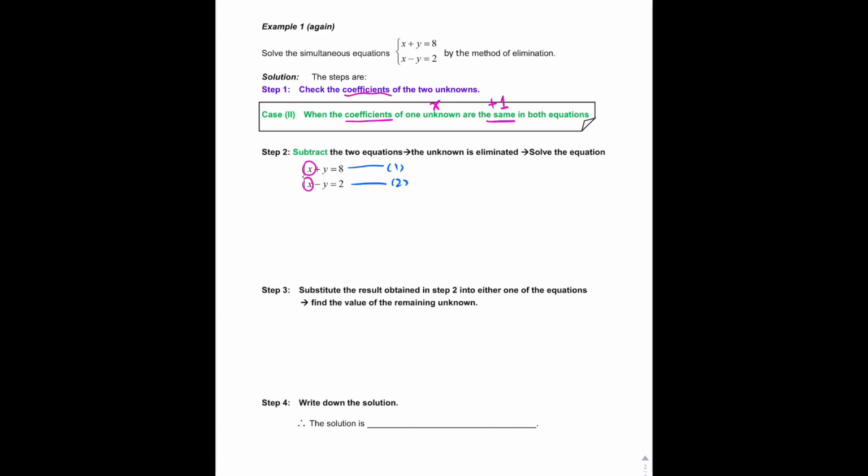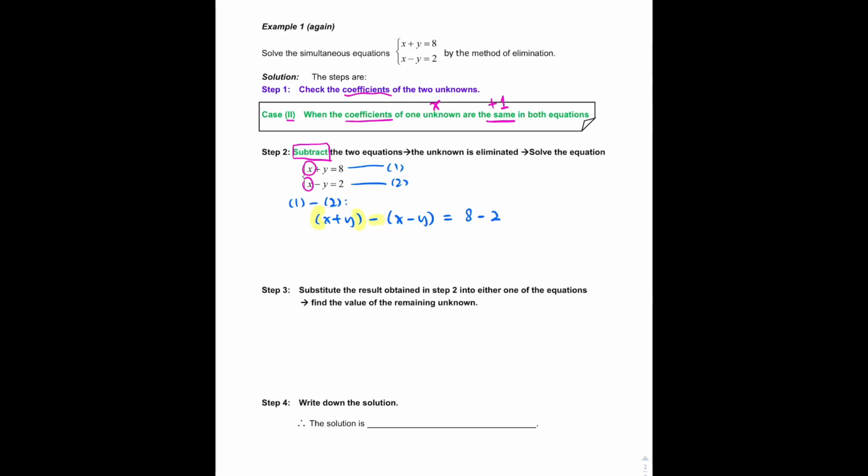Both are positive 1. So for this case, we can subtract the two equations as follows. We can have equation 1 minus equation 2. So for the terms on the left-hand side, we have bracket x plus y minus bracket x minus y, equals 8 minus 2.